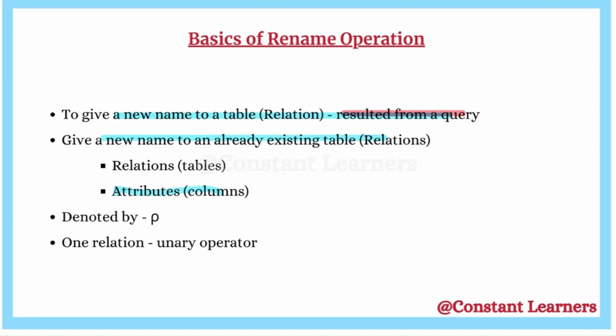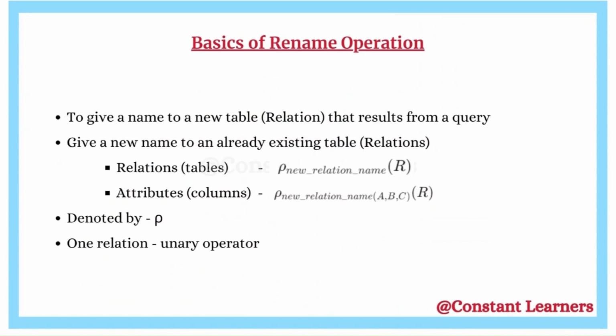Now the rename operation is denoted by the Greek letter rho. This is known as rho. It is a unary operation, which means that it only deals with one relation. The general syntax for rename operation is this.